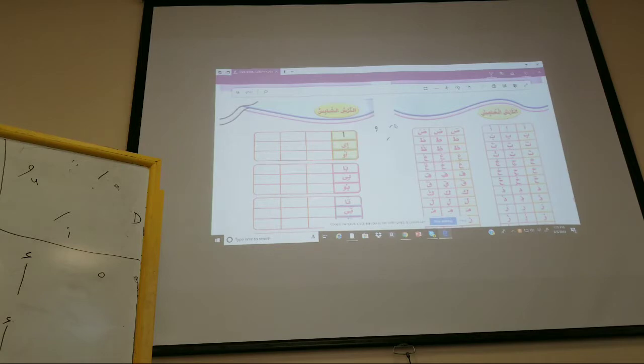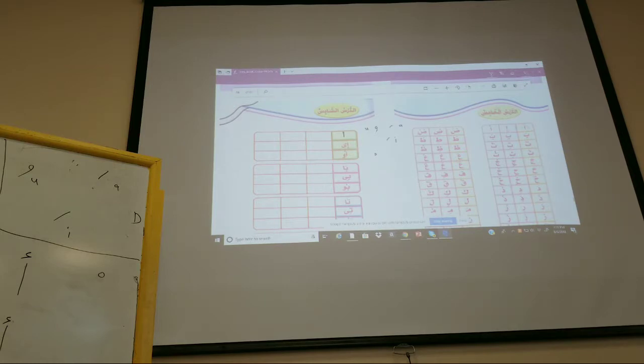This one is A, this one is E, and this one is U. A, E, U. Then if you have this little circle, that means the letter sounds as its original form, meaning there's no vowels.